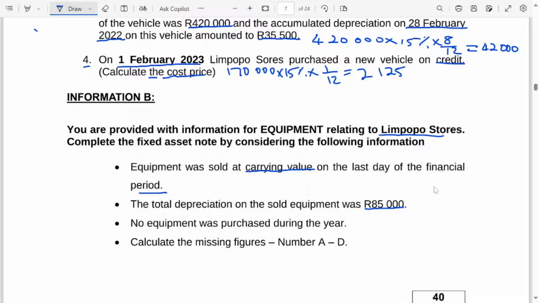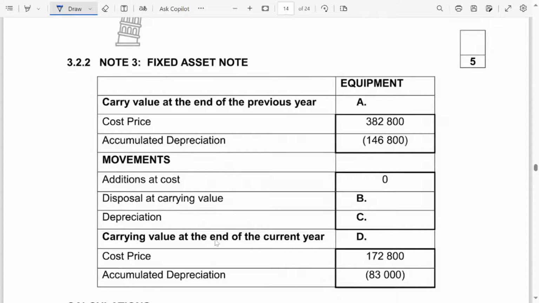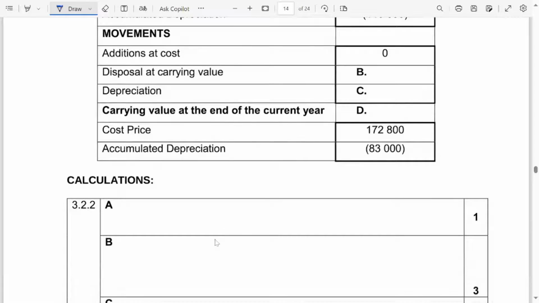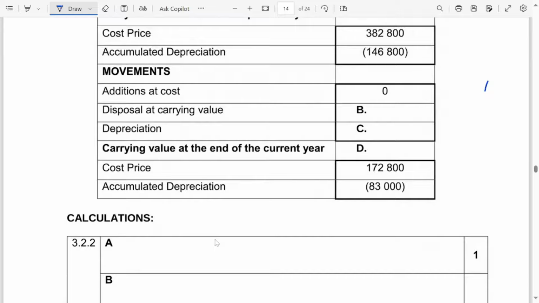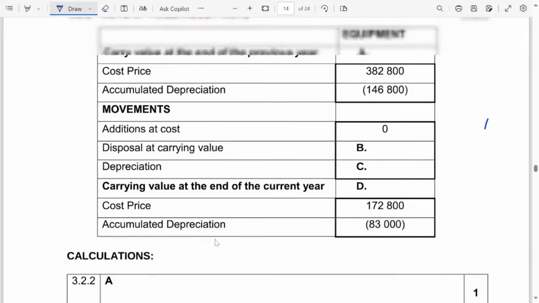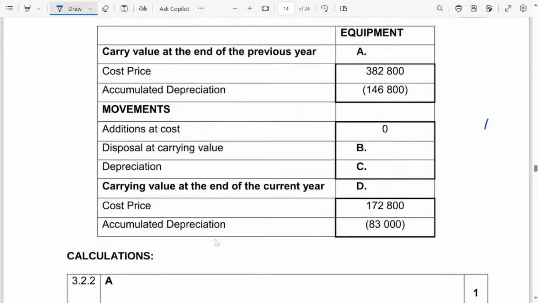Okay, let's go back to the answer sheet and see what they've given us. They want the carrying value, so let's do the calculations. They gave us the space for the calculations. The carrying value is cost price minus accumulated depreciation.